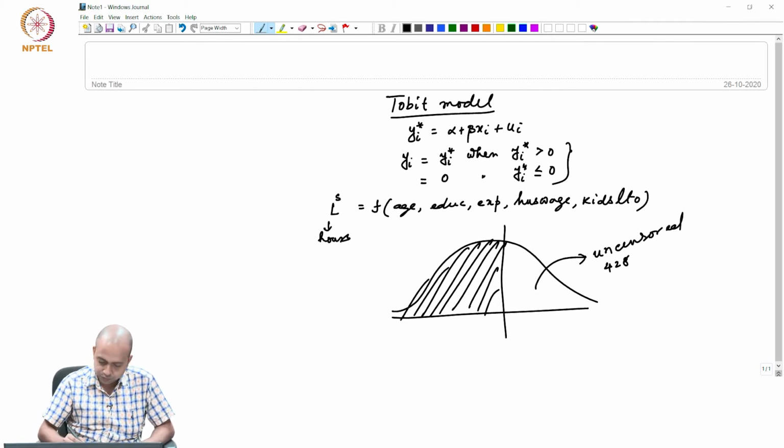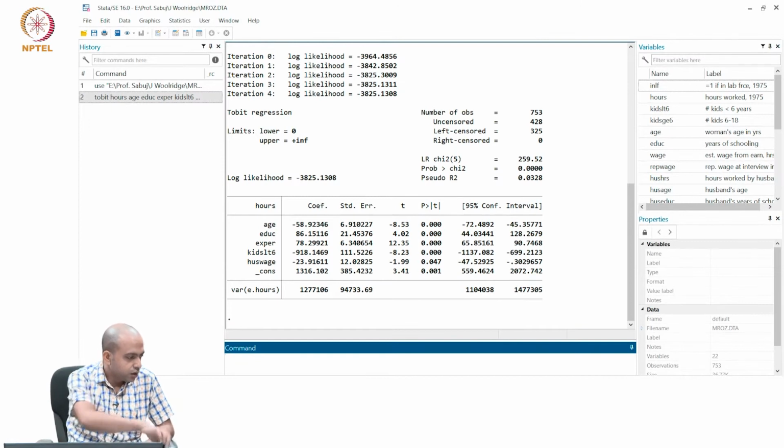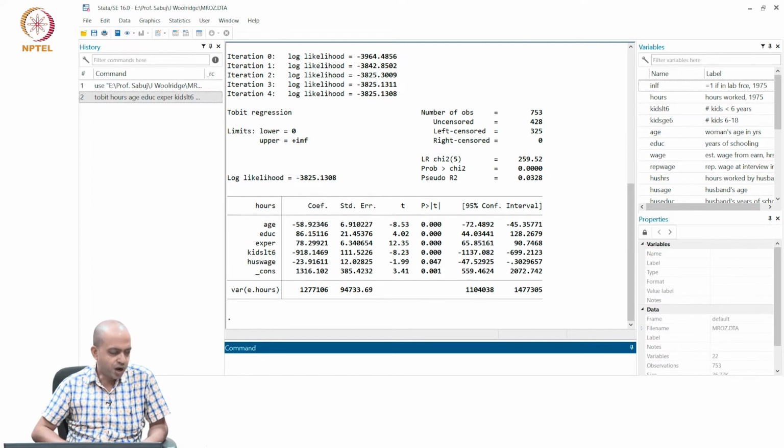And then you got this model. Now, the next question is, how are you going to interpret these coefficients? Are we going to interpret them as marginal effects?